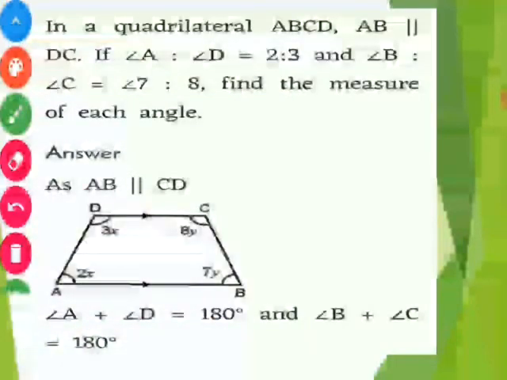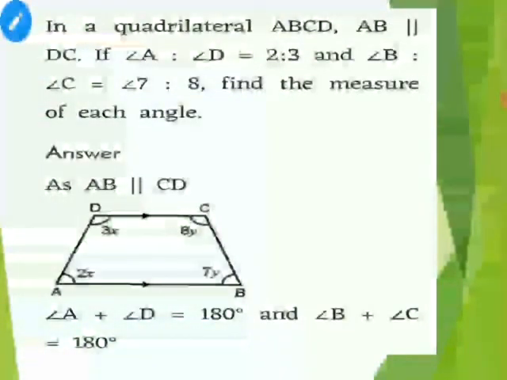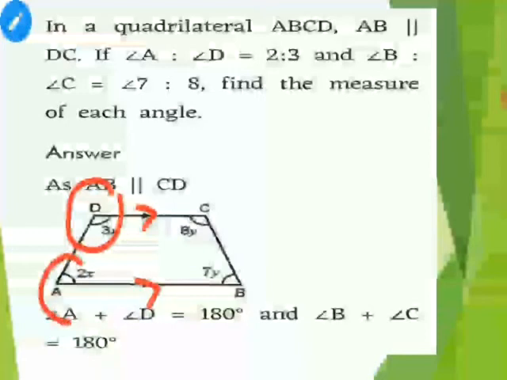In the question, the information given here is that these two lines are parallel to each other. And as I have explained in the previous chapter, if one pair of parallel lines is there in a quadrilateral, that means it is a trapezium. And you know that the sum of the co-interior angles of a trapezium is always equal to 180 degrees.